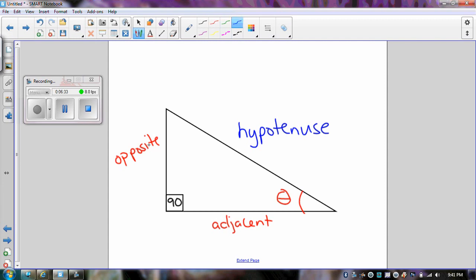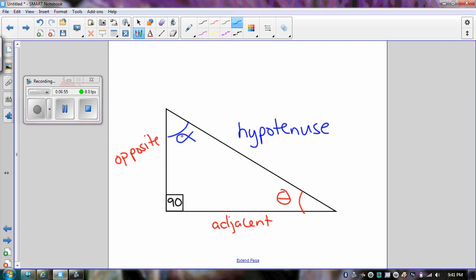Let's suppose we weren't looking at this angle down here, but we were looking at maybe this angle up here. And instead of calling this angle theta, I'm going to call this angle alpha. Alpha is another notation that you might see for an angle. Kind of looks like a fish or sometimes a letter A. But we're now going to refer to this as the alpha angle.